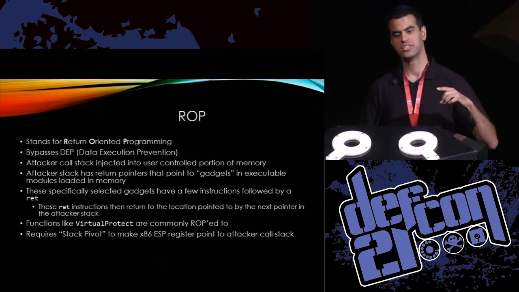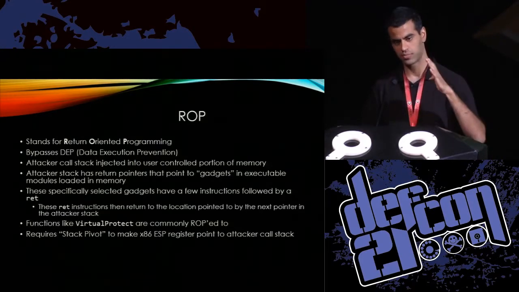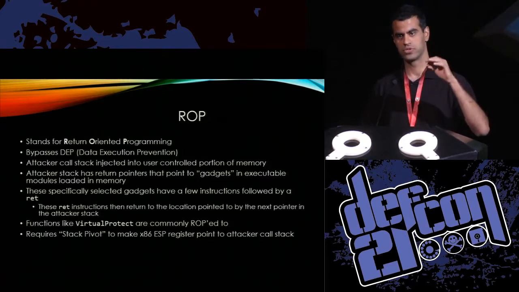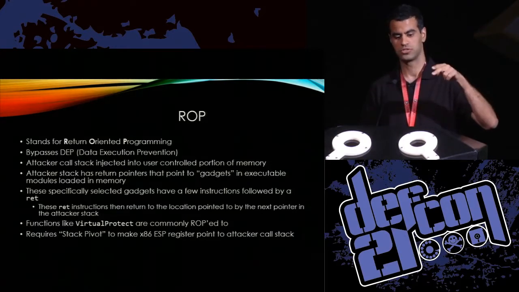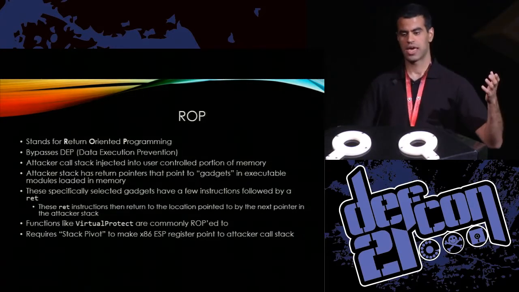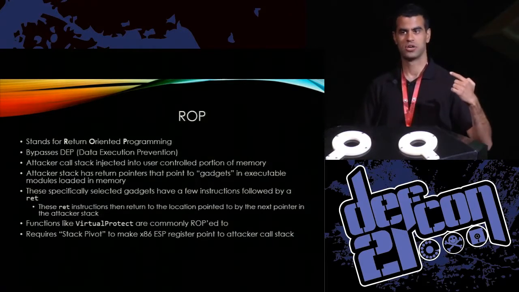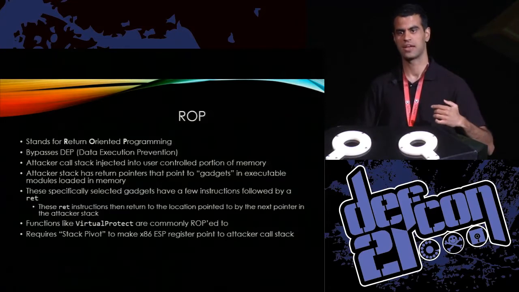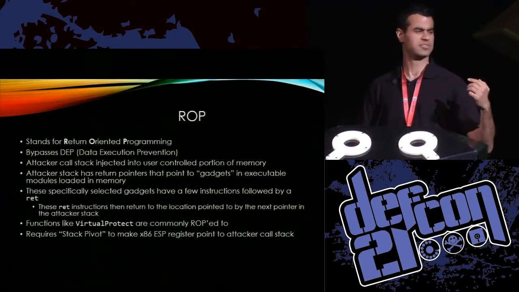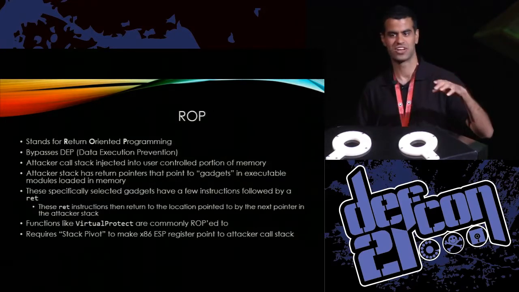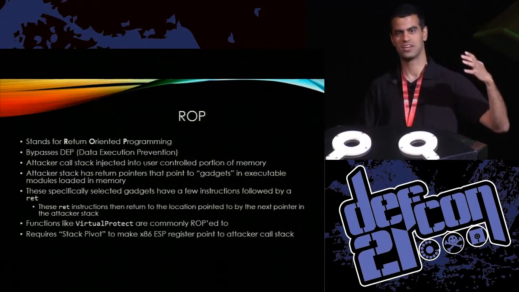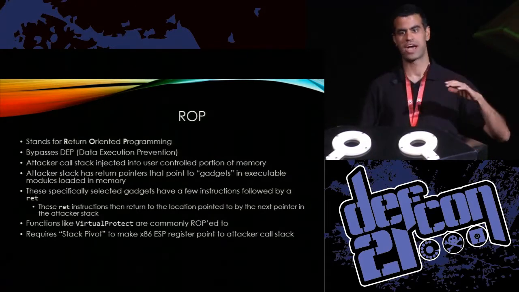So what the attacker does is they set these return pointers to always point to loaded modules that are valid to be executed, and a few instructions before a ret instruction. So you can chain these together, and then you can achieve the attacker's intention without actually injecting code.